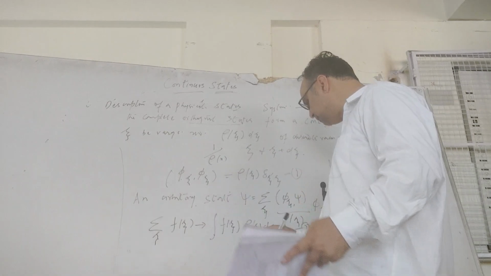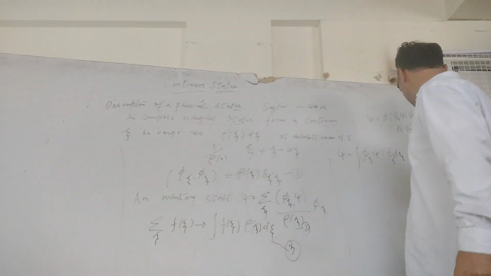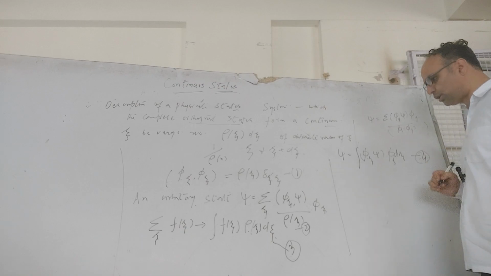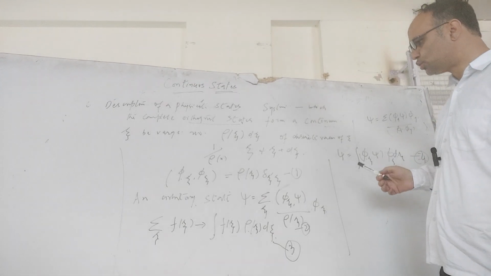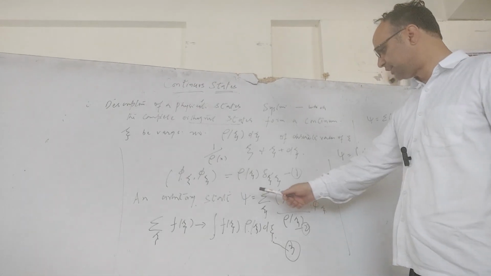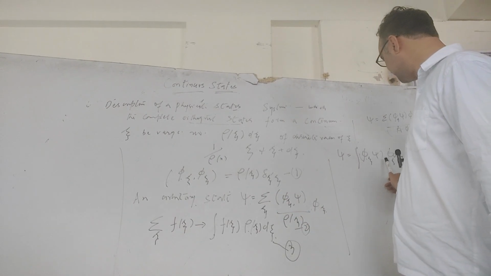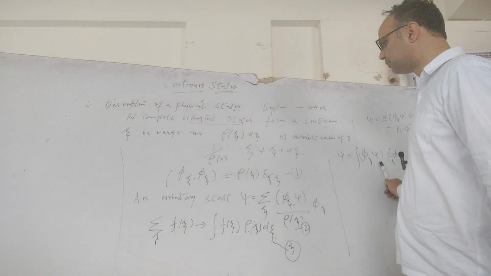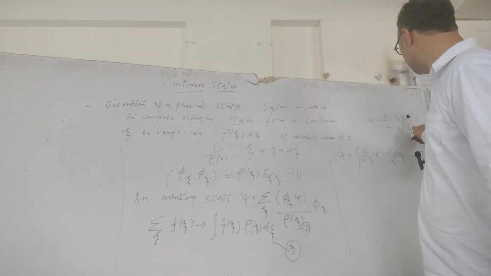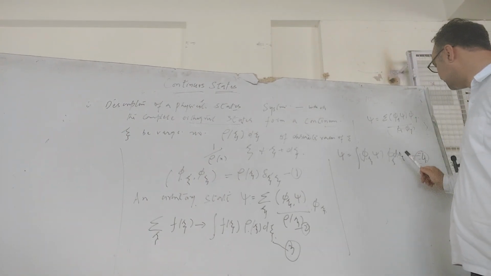So in the limiting case, this equation 3 can be written in integral form. How? We are going to write psi in terms of phi zeta, psi, phi zeta.